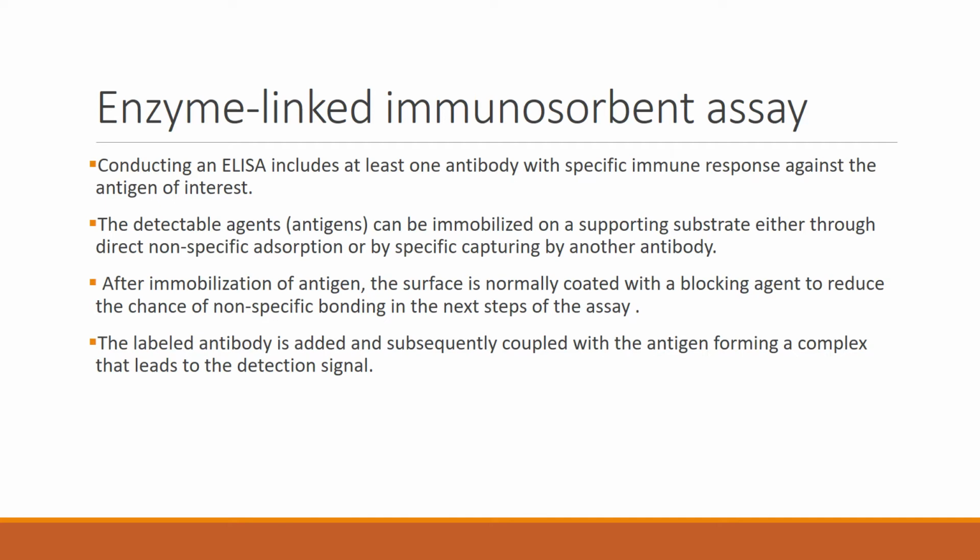After immobilization of antigen, the surface is normally coated with a blocking agent to reduce the chances of non-specific binding in the next steps of the assay. The labeled antibody is added and subsequently coupled with the antigen, forming a complex that leads to the detection of signal.